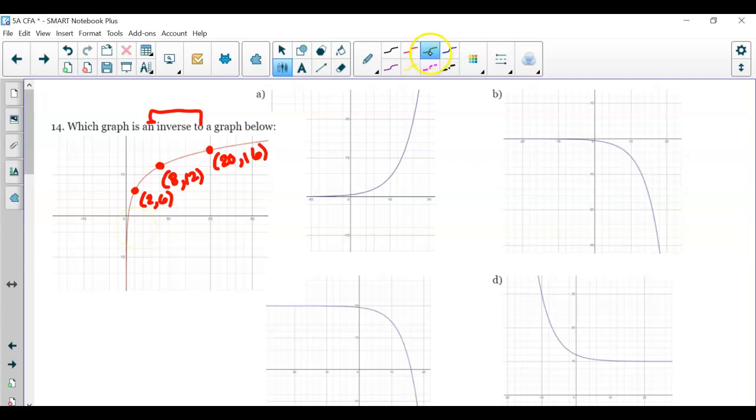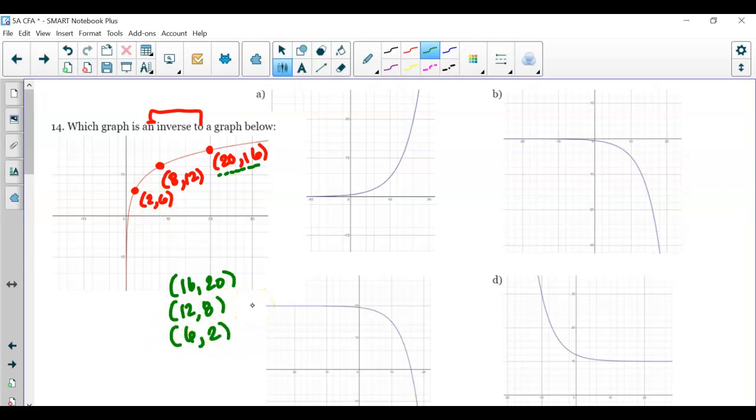Now if I'm looking for the inverse of the graph, remember for the inverse we switch the domain and range. We switch the x and y. So the inverse function is not going to have the point (20, 16), but it's going to have the point (16, 20). It's not going to have (8, 12), but (12, 8). It's not going to have (2, 6), but (6, 2).